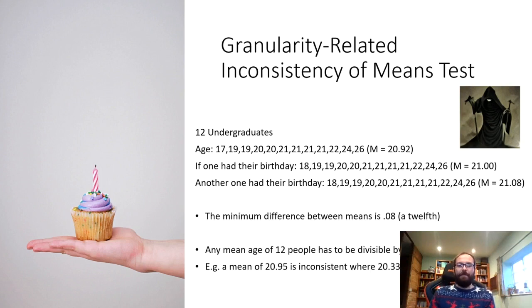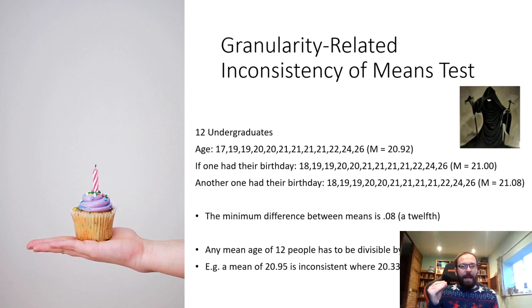That must mean that for any mean age of 12 people, regardless of what sort of age categories we're targeting, the total should be divisible by 12, so the mean moves in steps of 0.08. And if it's not, then that tells us that perhaps that information is wrong, has been erroneously put there, it's a typo, a spelling mistake, or in fact has just been made up.